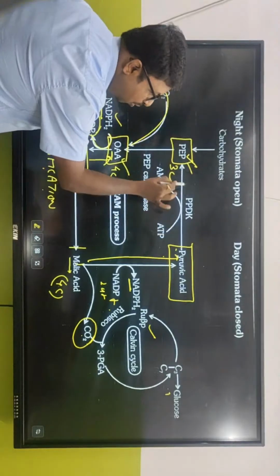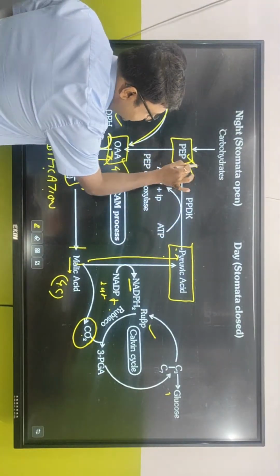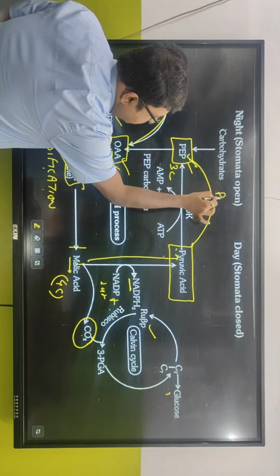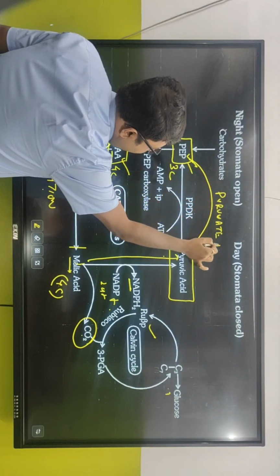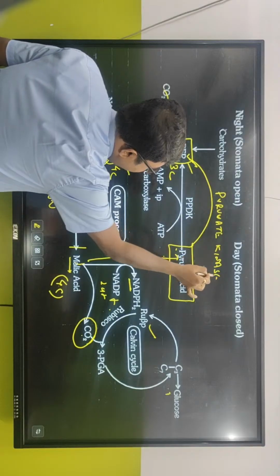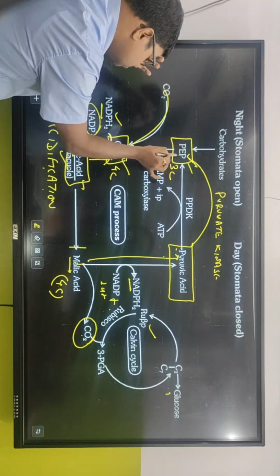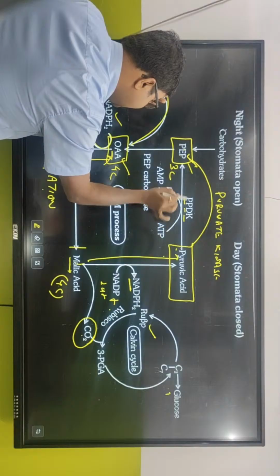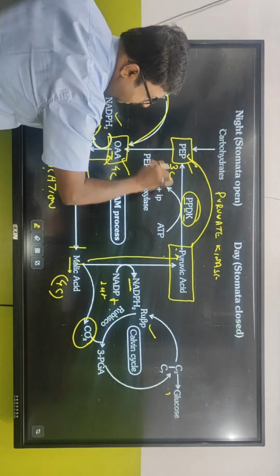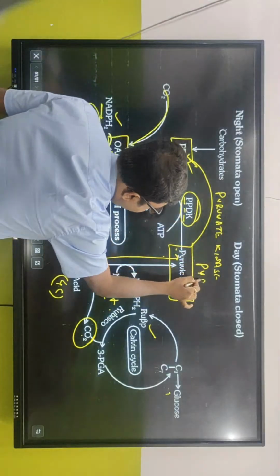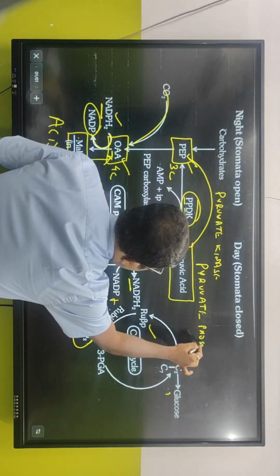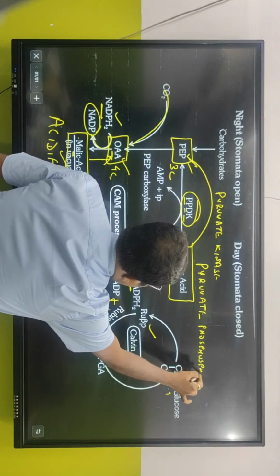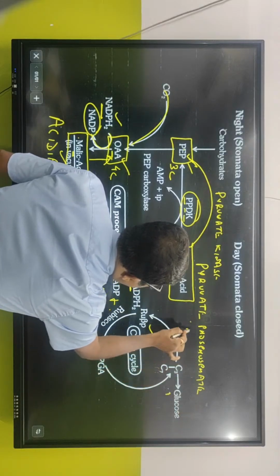But then, from phosphoenol pyruvic acid to pyruvic acid, the enzyme required was pyruvate kinase. But here, see, the reverse: pyruvic acid to phosphoenol pyruvic acid happens by PPDK. What is the full form of PPDK? It is pyruvate phosphate dikinase.